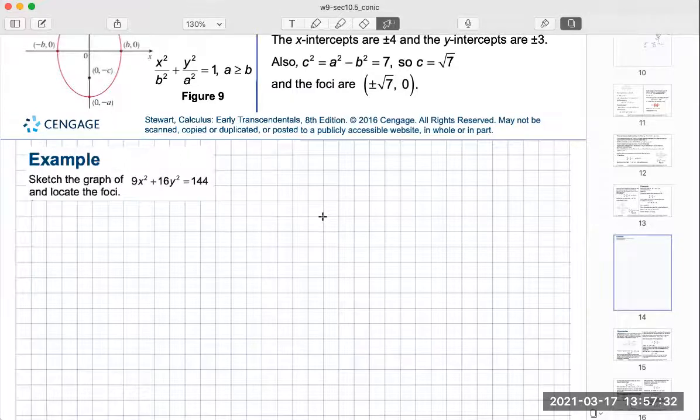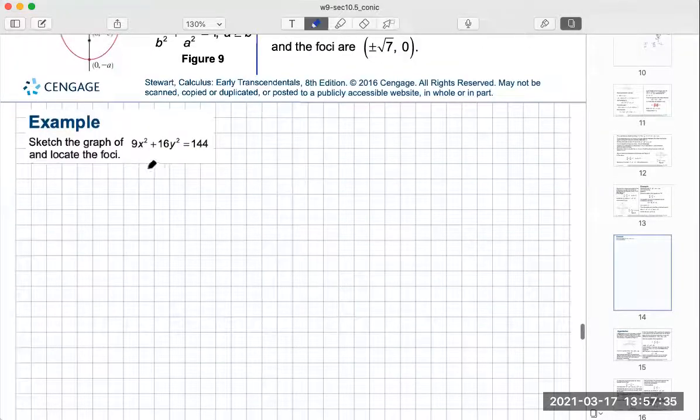Look at this. This is something x squared plus something y squared equal to a number here. So we need to write it in the form of an ellipse equation, right? The ellipse equation will be x squared divided by a squared plus y squared divided by b squared equal to 1, right?